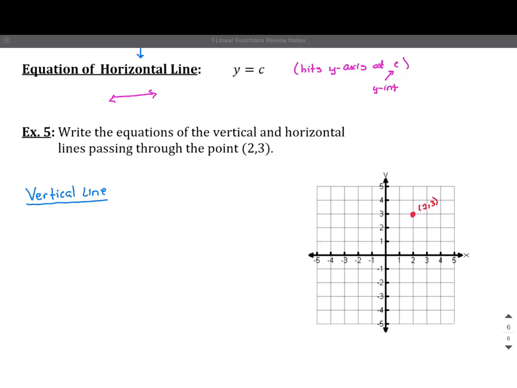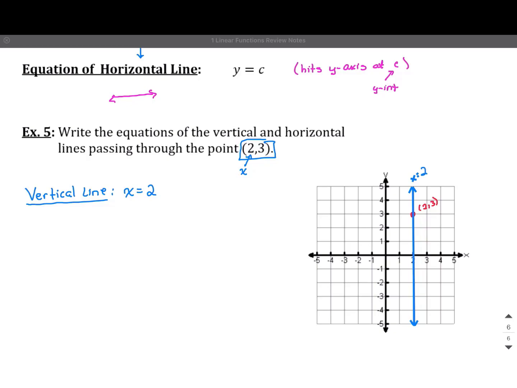The vertical line is x equals a number. Well, in this point, which number is the x value? X is 2. That means our vertical line has to be the equation x equals 2. So watch what happens when I draw this line. It hits the x-axis at 2. My line keeps wanting to go crooked at the end there. And now I've got the line x equals 2.